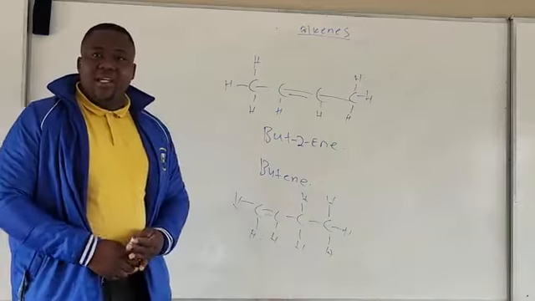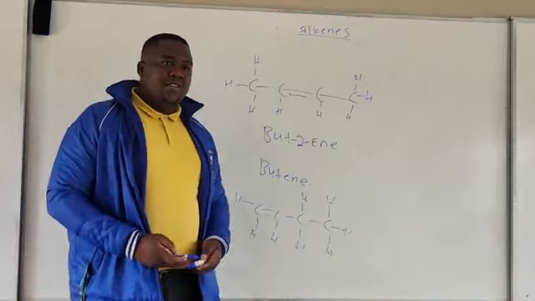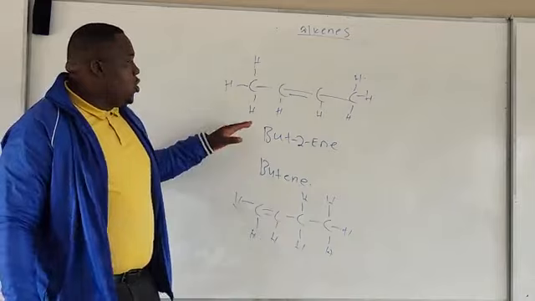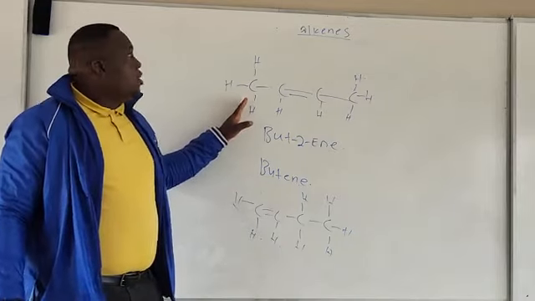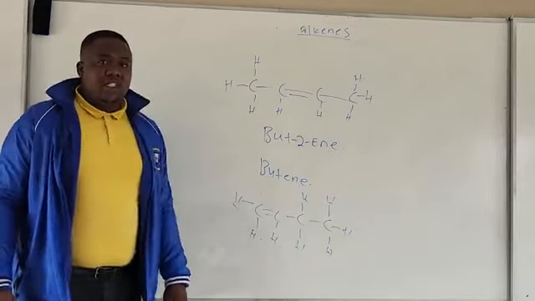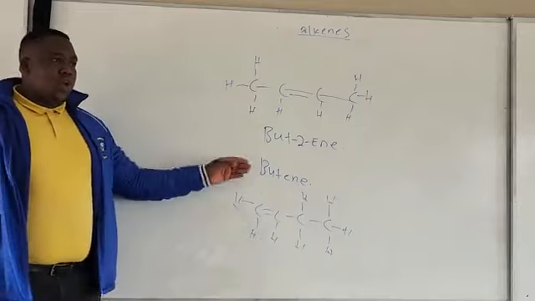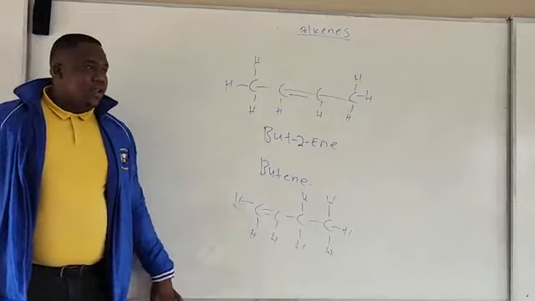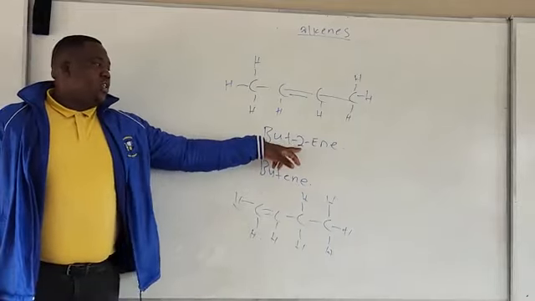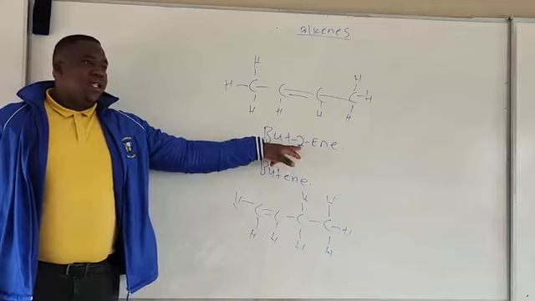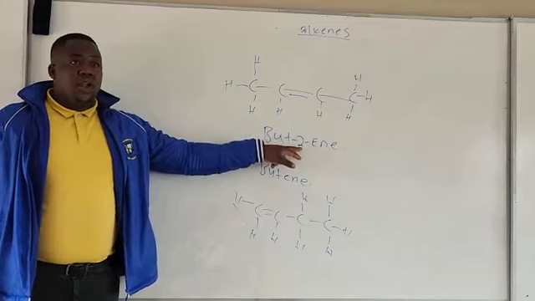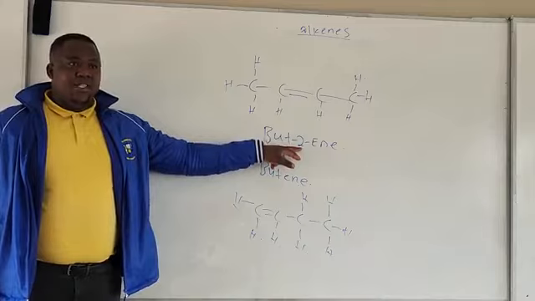Meaning that the nomenclature of these things is very important, so that you draw exactly the one which is needed. Because it is possible for you to draw a different one. So that's why we need to indicate where the double bond is. These numbers represent where the double bond is, right?